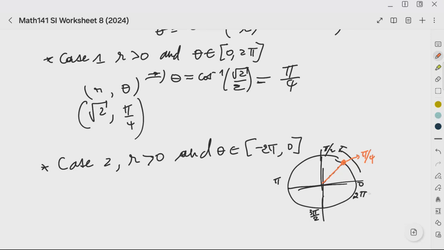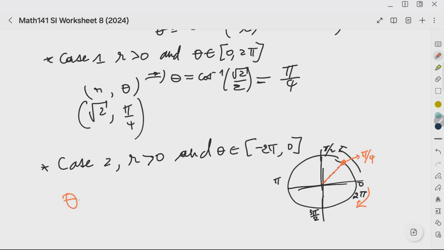But if we're going from negative 2 pi in that direction, our angle theta is not pi over 4, it would be negative 2 pi plus pi over 4.